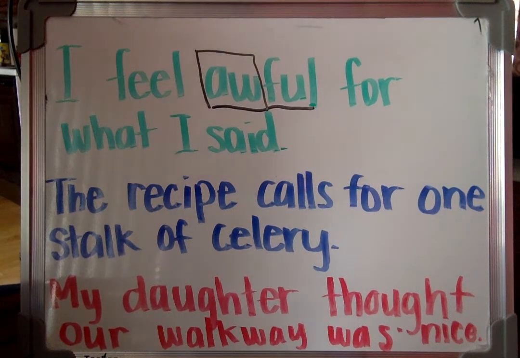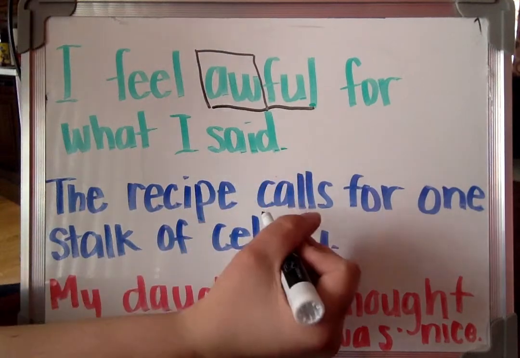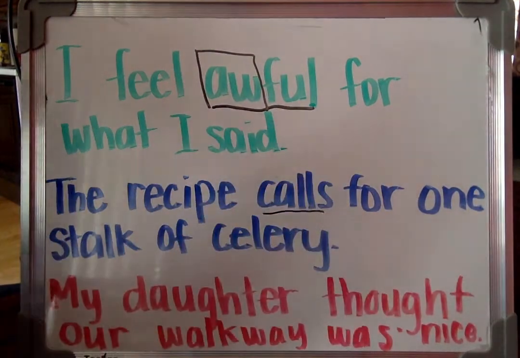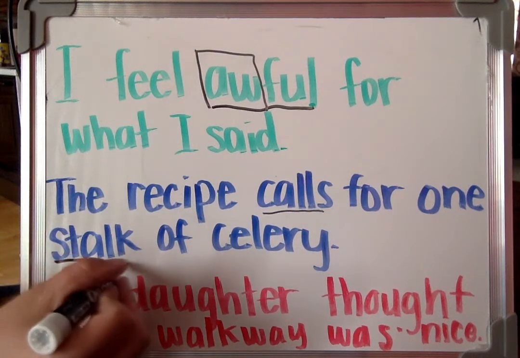Okay, the blue sentence, sentence number 2. The recipe calls for 1 stalk of celery. Now there's 2 in here. Can you find the 2 that make that sound? One is calls, and the other is stalk.